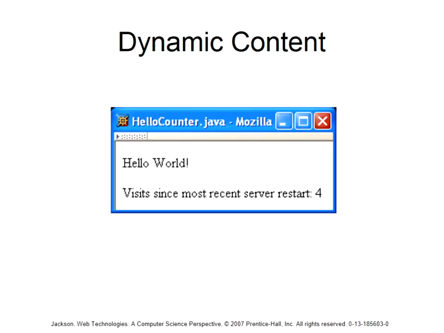Let's move now to dynamic content. This is an example of dynamic content. Hello world, visits since last server restart: 4. If we make a refresh with F5 to this servlet, we will obtain what?